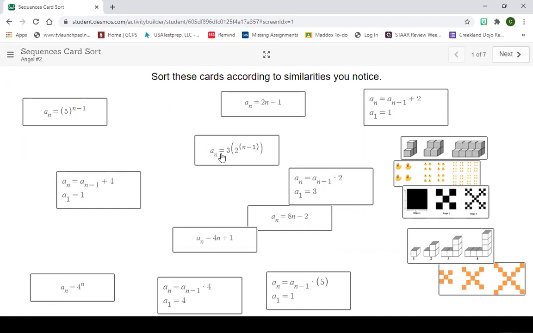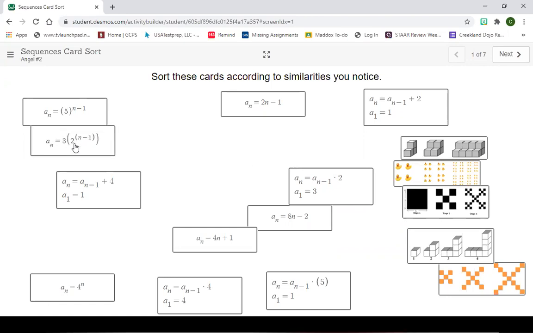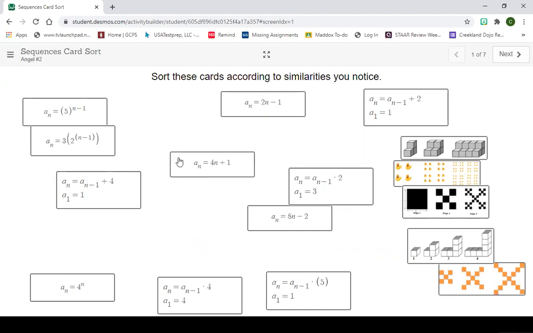Okay, what about this one? What do you think this one is? Exponential because it has an exponent. Good. What about, let's see, what about this one? Linear because it's adding and it doesn't have an exponent.